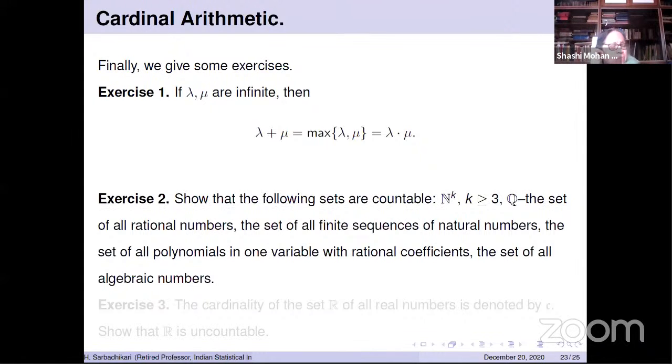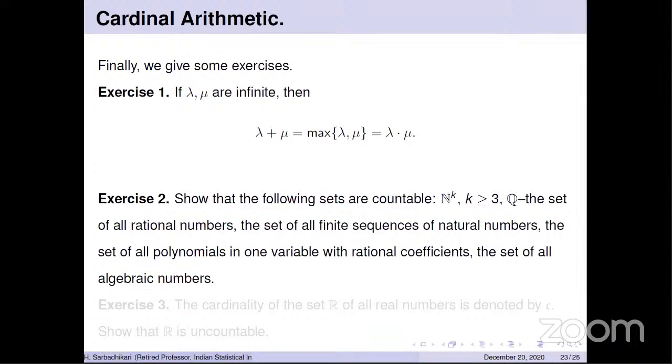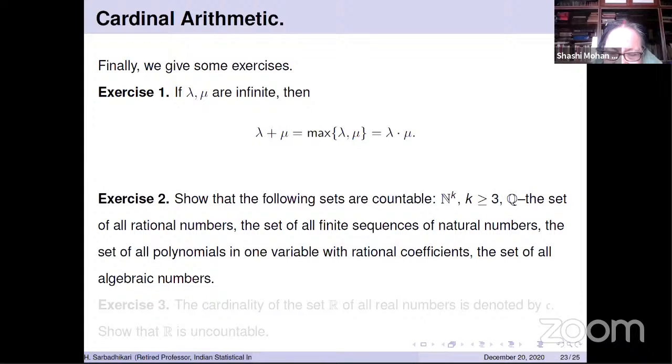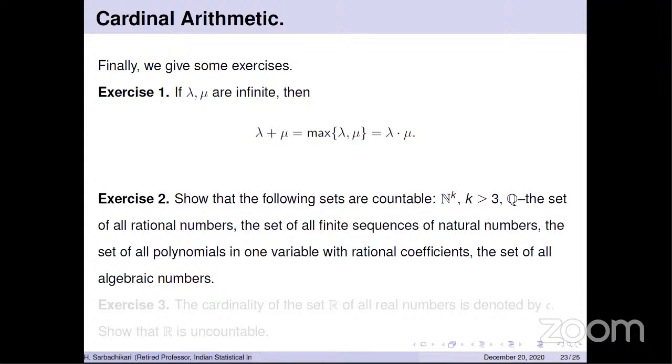I think you are more or less on the right track. You just have to organize it a bit. You have to take X, X cross X, X cross X cross X, all the things. That's what I'm saying. And the cardinality of all of that would be equal to the cardinality of X.